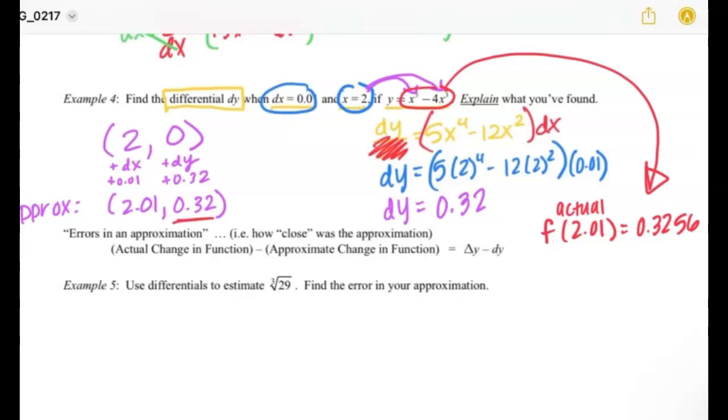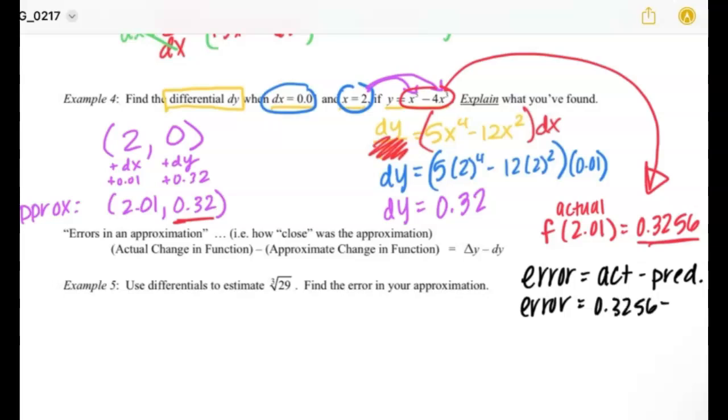We estimated that it was just 0.32, but I cut off my decimals. 0.3256 was the actual amount. So then we could find what the error was, and the error of something is the actual minus the predicted. So if we wanted to find our error, our actual is 0.3256, we could subtract our predicted y value of 0.32, and then we would calculate the error that way. So again, all about approximating things today.